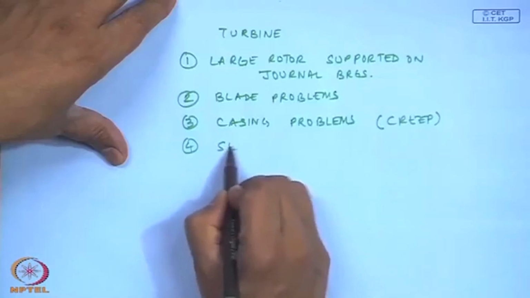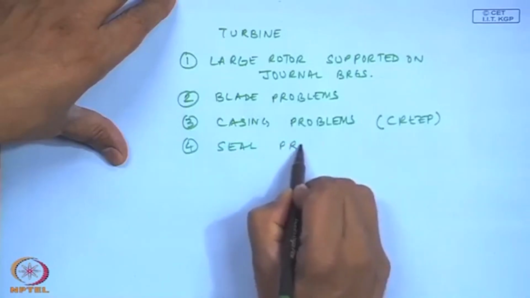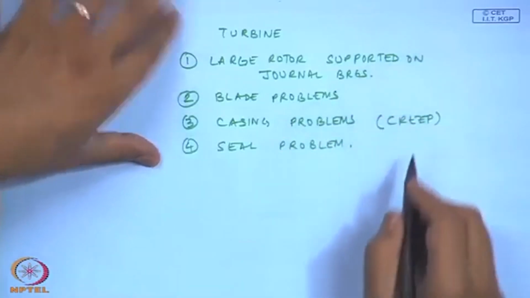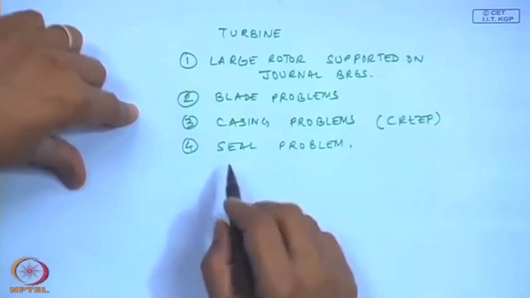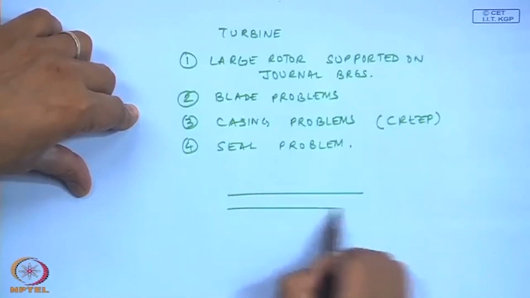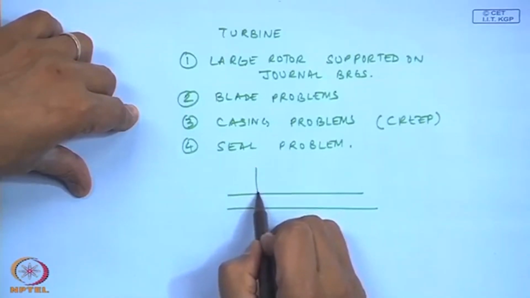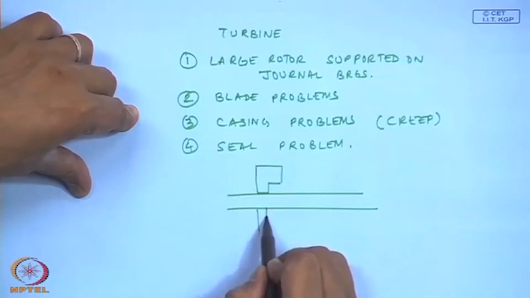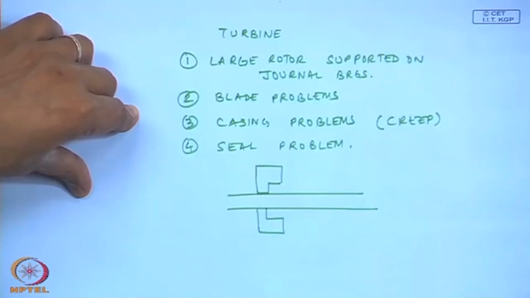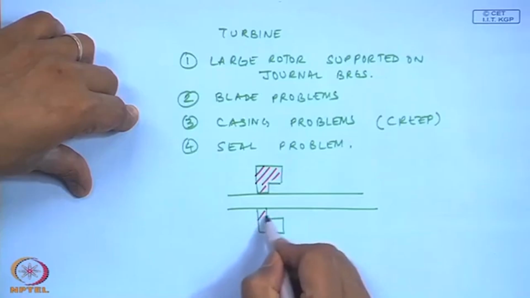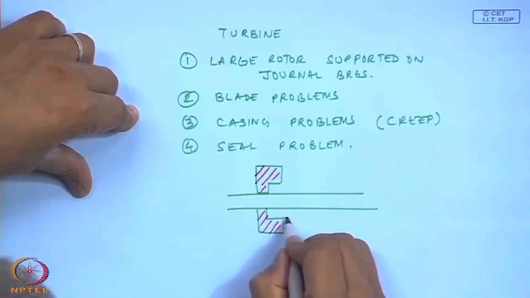There could be seal problems, because we would not like the seals to leak, so that the steam passes out through the shafts. In fact, these seals are mounted something like this as a rotating component, which is tightly fitted, and the seals are actually given here.